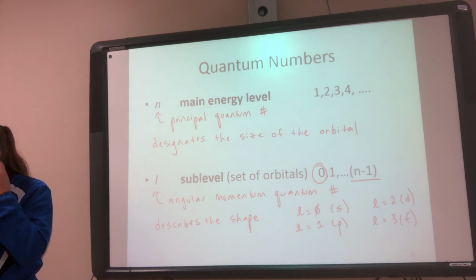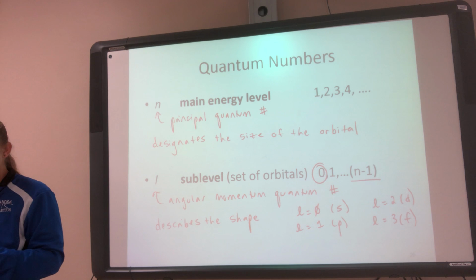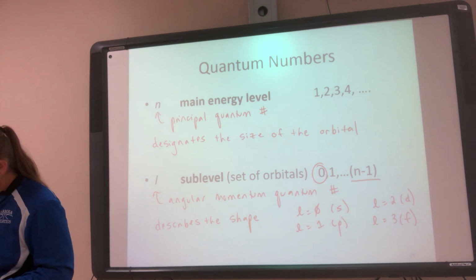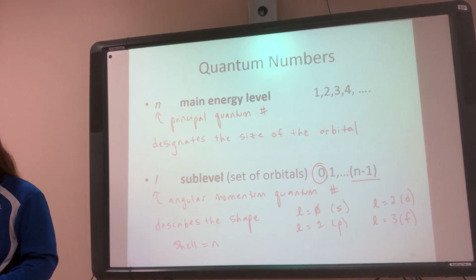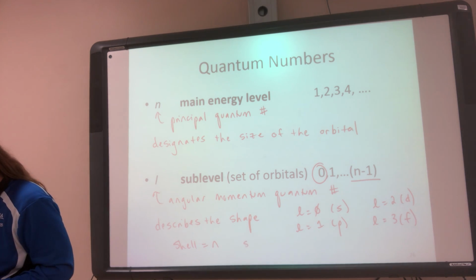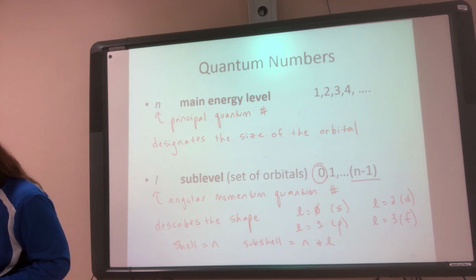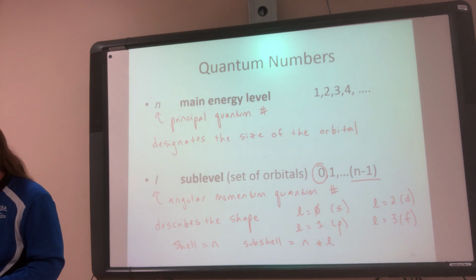Now we can also talk about the shell and the subshell of an orbital. The shell is equal to the n. My subshell would be notated as the n and the L. For example, I could have a 2s.